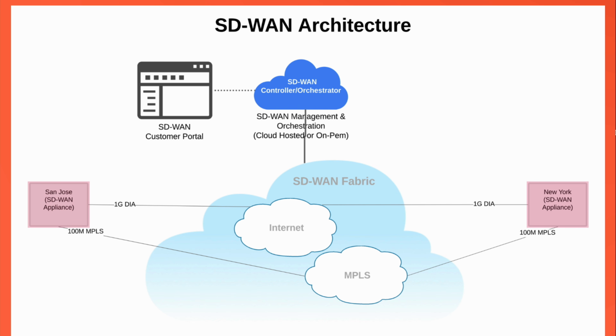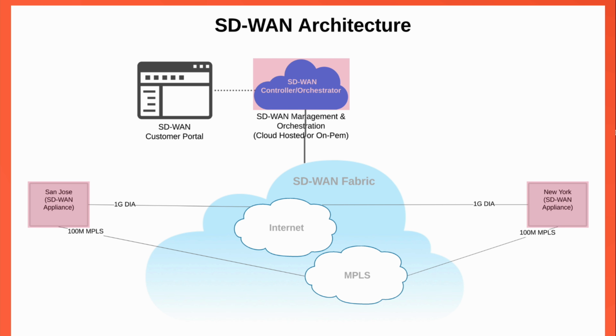So in this design here, we have 2 sites, San Jose and New York. Let's assume each one has a single SD-WAN appliance. And what we call this SD-WAN appliance in general terms is SD-WAN Edge. These SD-WAN appliances or these edge devices end up communicating with the SD-WAN orchestrator or the SD-WAN controller.